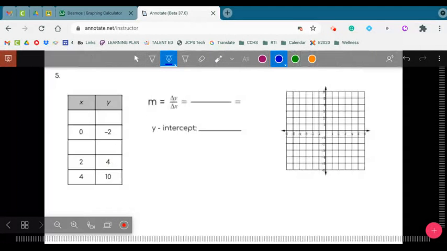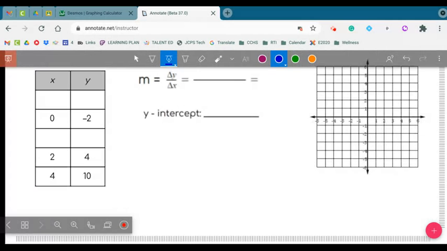Okay, next problem. So this one we got to kind of fill it in. So we know that between 0 and 2, we should have a 1. And we're just going to put a -1 right here. So let's try to figure out from 2 to 4, I'm going up by 2. From 4 to 10, I'm going up by 6.